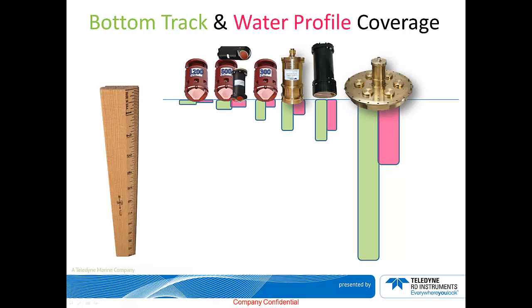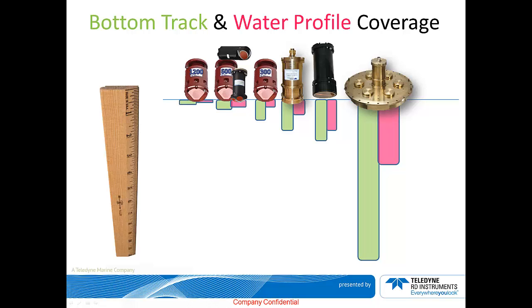This slide shows you a picture of the most basic difference between bottom tracking and water profiling, which is their transmit pulse. In this picture, the bottom track transmit pulse is the green pulse, while the water profiling transmit pulse is the pink pulse. As you can see, a bottom track transmit pulse is much longer than a water profile transmit pulse.